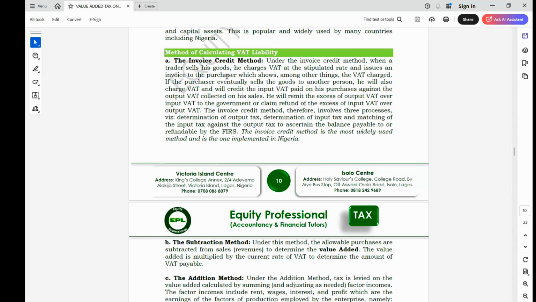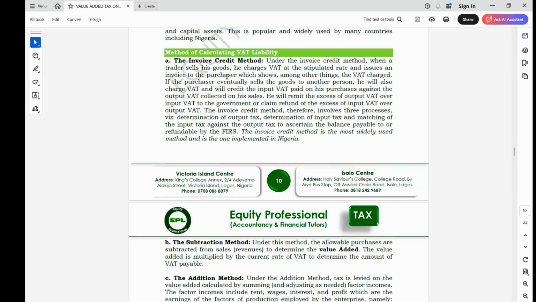We all know what output VAT is: the VAT on sales. Whenever you sell, any VAT you collect from your sales gives rise to output VAT. So when you are making use of the invoice credit method, you are going to calculate your output VAT.